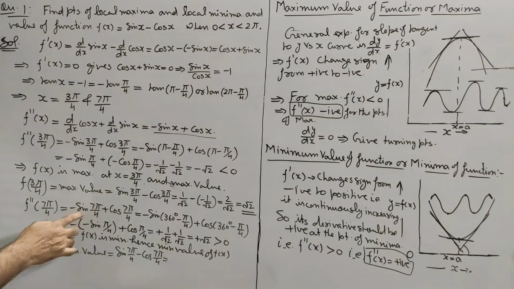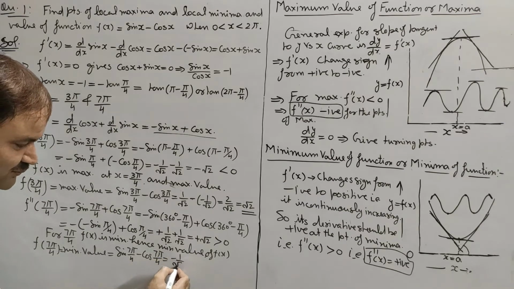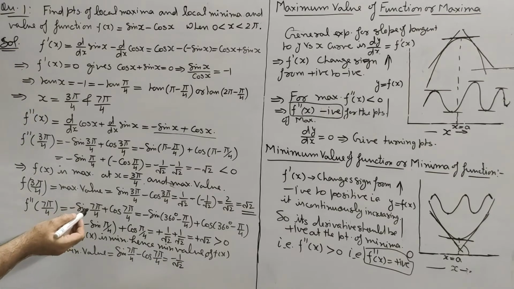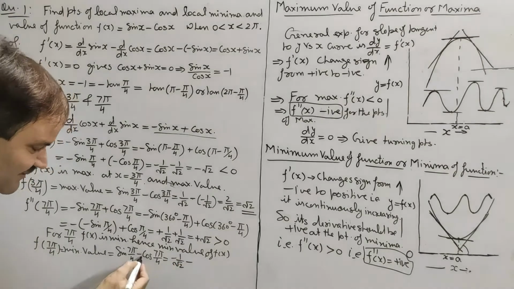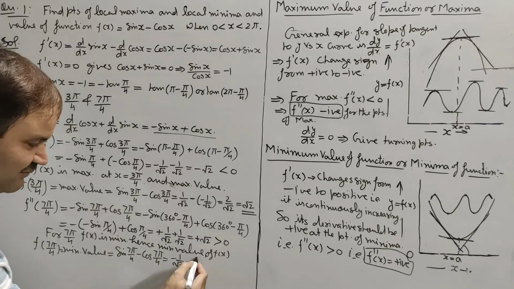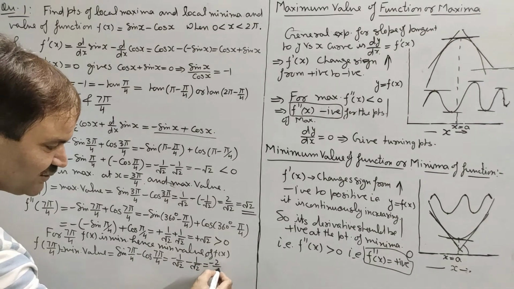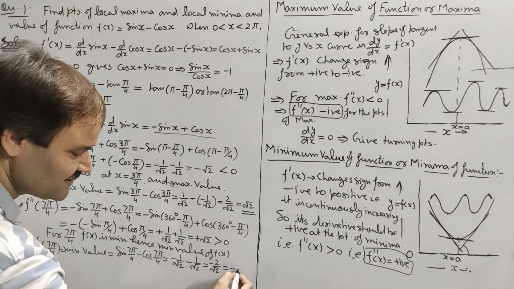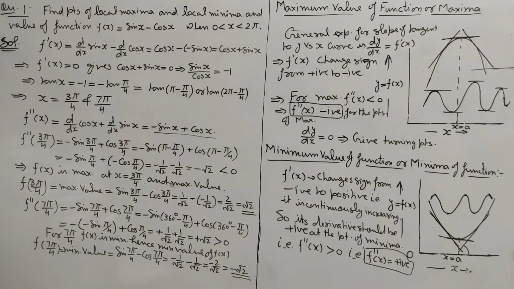Already we have calculated the value of sine 7 pi by 4. Sine 7 pi by 4 is minus 1 by root 2, because lying in fourth quadrant sine will be negative, while cos 7 pi by 4 will be positive, and hence it will be minus cos 7 pi by 4 1 by root 2, and this means minus 2 by root 2, that is minus root 2, and this will be the minimum value of function.